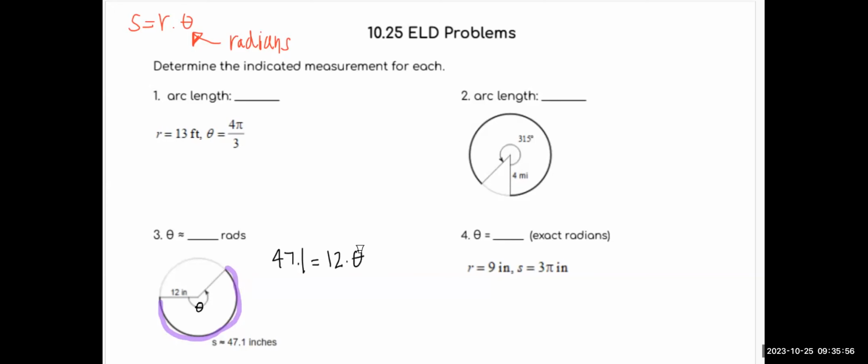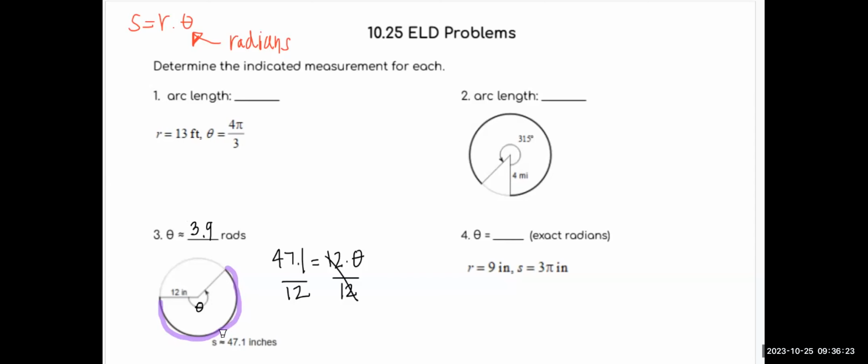And that'll be 12 times theta. Okay, so we just need to divide by 12. And notice this is going to be the approximate angle measure. So approximately 3.9 radians. Okay, we can't come up with the exact because the arc length itself wasn't exact.